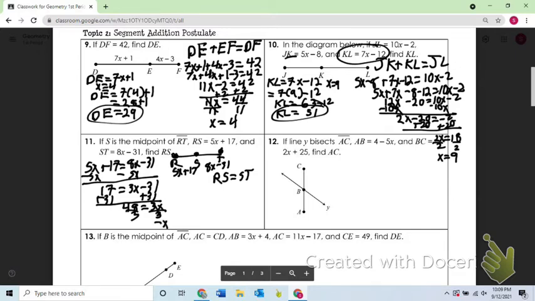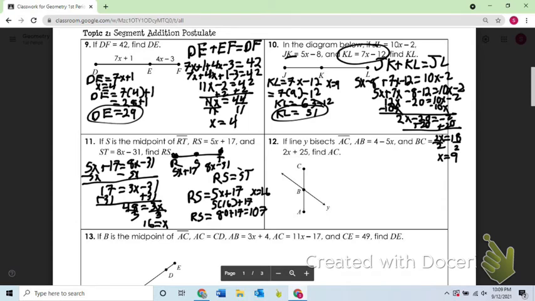Divide both sides by 3, and I get x equals 16. Now RS was given as 5x plus 17. Plug the 16 in there. 5 times 16 is 80. 80 plus 17 equals 97.